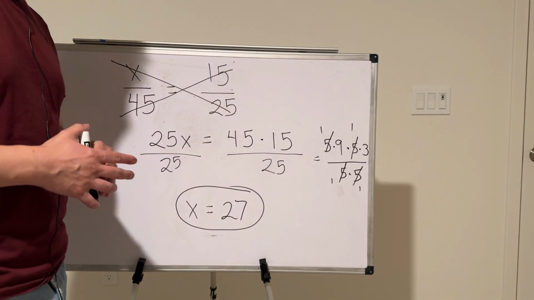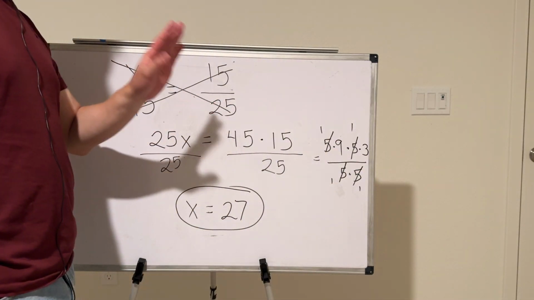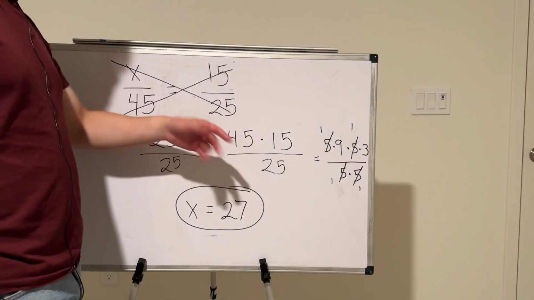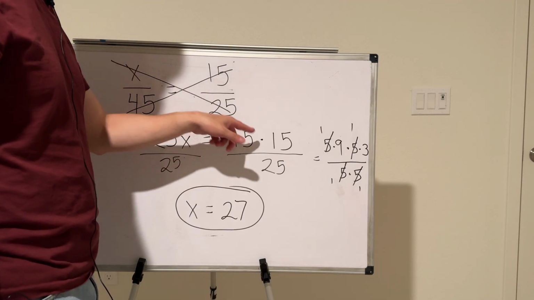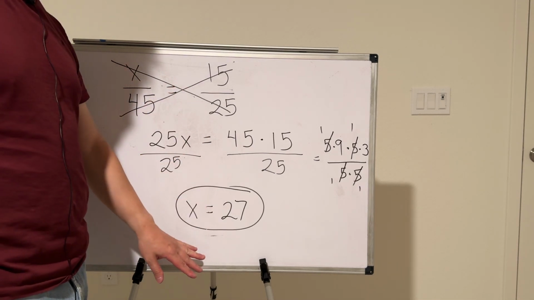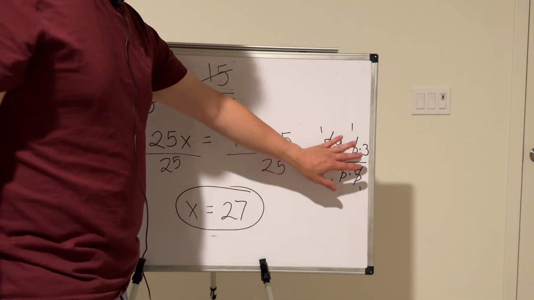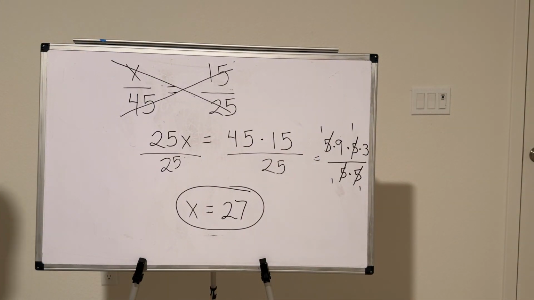Again, if you didn't want to go through all of this, you could have gotten a calculator and plugged in directly 45 times 15 divided by 25, and you'd end up with the exact same answer. This is just a way to simplify the numbers to double check your work.